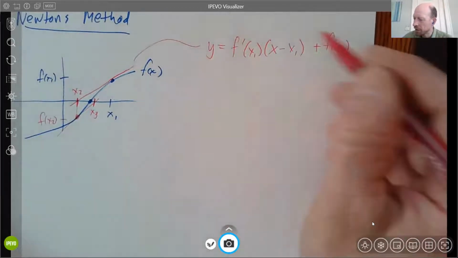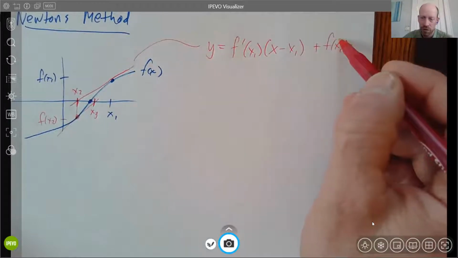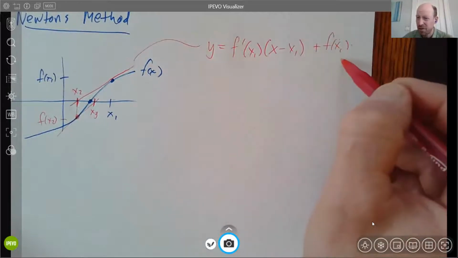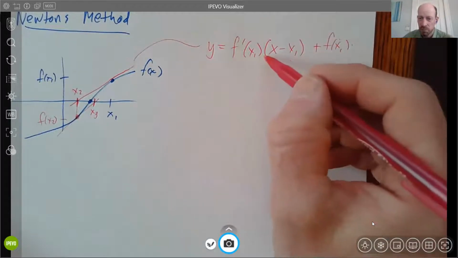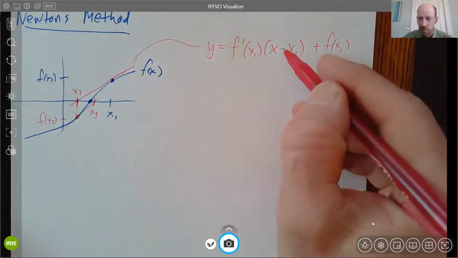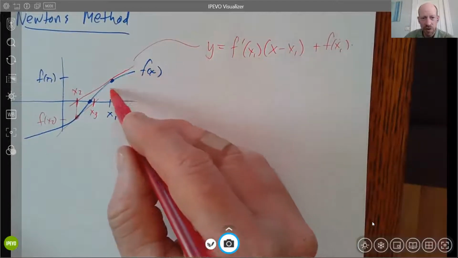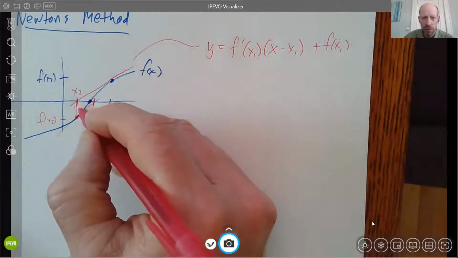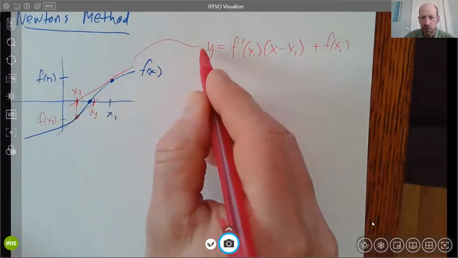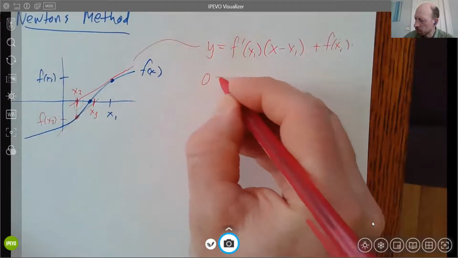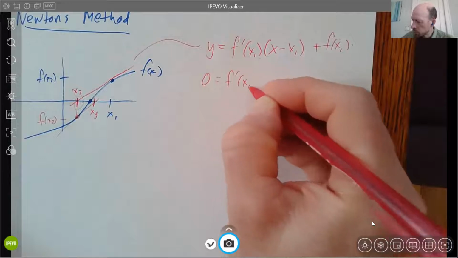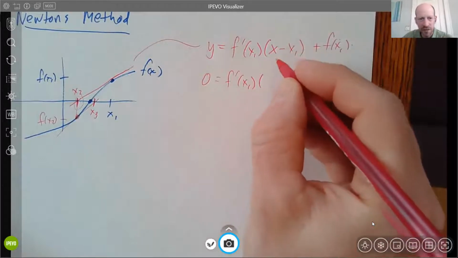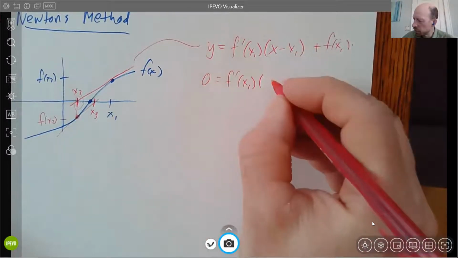It's y minus y1, so I just add it over. So this is the equation of the tangent line, slope and a point. What we want, though, is not the equation of the tangent line, but the x-intercept. The x-intercept happens when the y value is 0. And when that y value is 0, the x value is this, and we're going to call that x2.